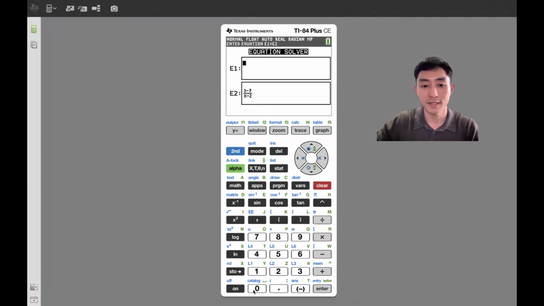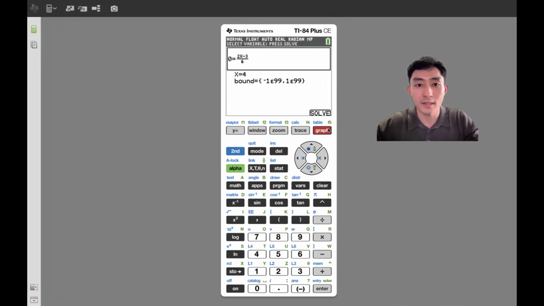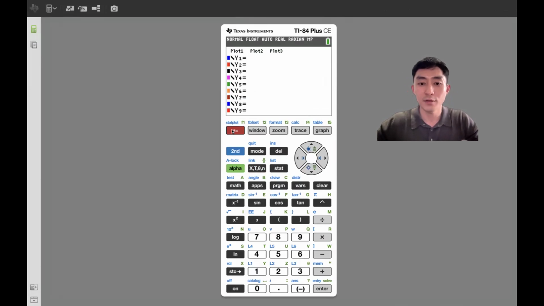The left-hand side is y equals 0, and then on the right, we create a fraction: 2x minus 3, over 6. Then we solve for it and we get that x is 1.5, which is 3 over 2 in fraction.